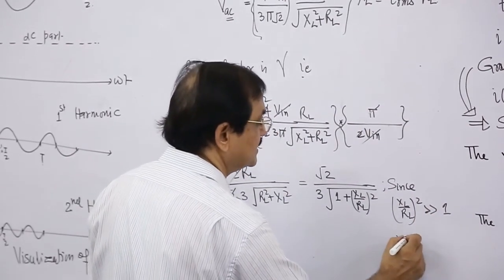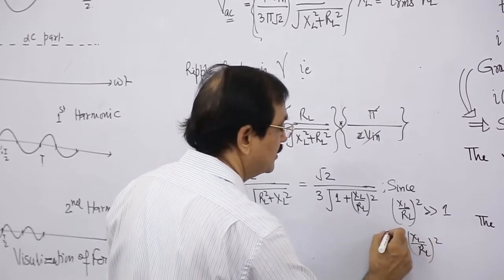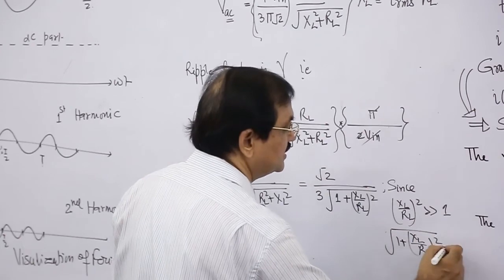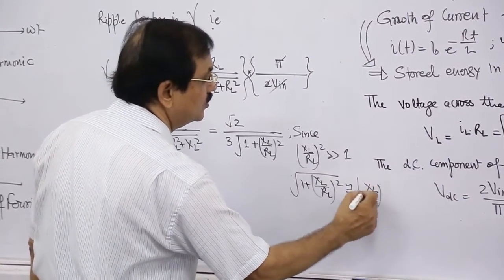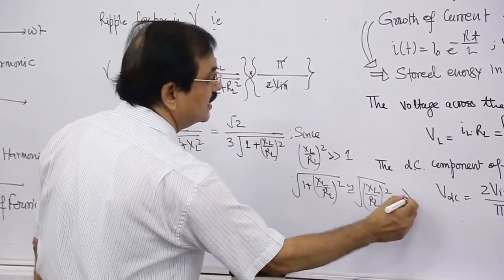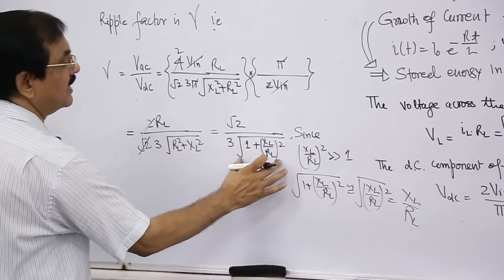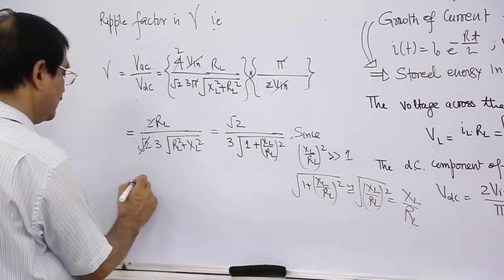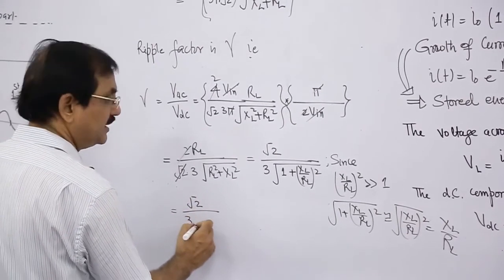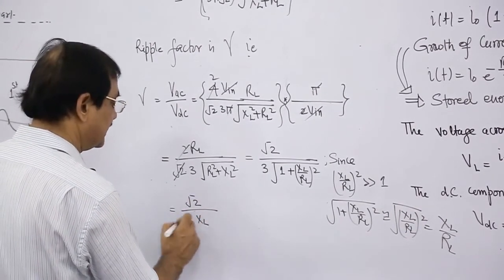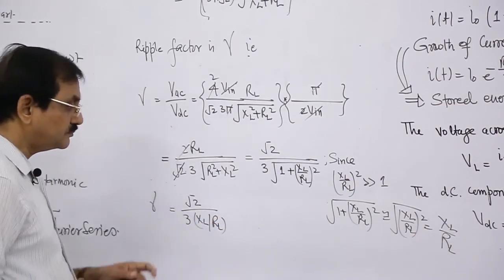So under root of 1 plus XL over RL whole square is equal to under root of XL over RL whole square, that is XL over RL. So you can substitute this value. So this is under root 2 by 3, this is XL over RL, this is gamma.